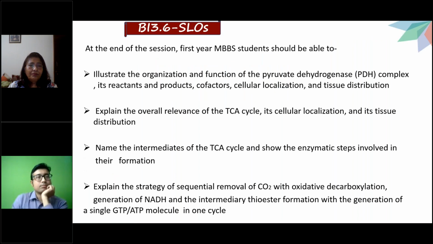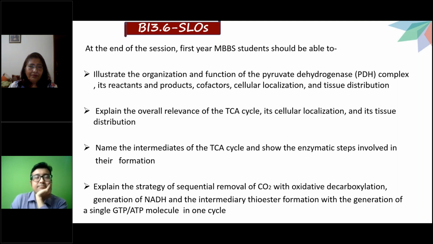In this competency, at the end of the session, the student should be able to illustrate the organization and function of the pyruvate dehydrogenase complex, its reactants and products. They should be able to enumerate different cofactors, the cellular localization and tissue distribution of pyruvate dehydrogenase.